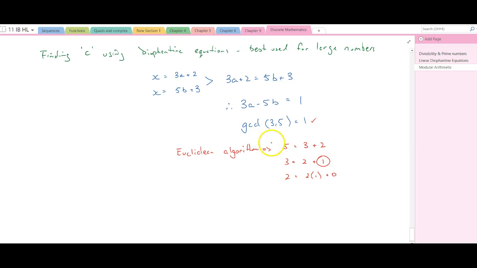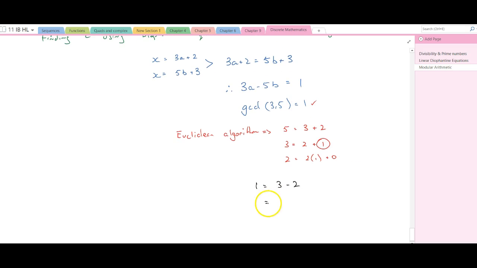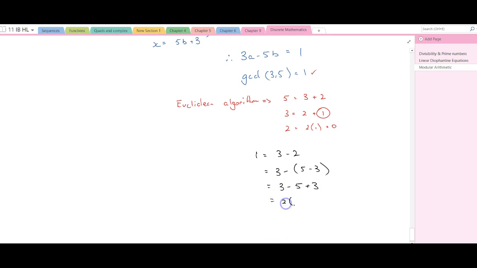Because my 3a minus 5b is equal to 1, I write 1 as 3 minus 2, which is all good. Remember, I want them in 3s and 5s, so that 2 is going to be rewritten as 5 minus 3. It's a trivial example, isn't it? So it's 3 minus 5 plus 3. So what we've got are 2 lots of 3 minus 1 lot of 5.